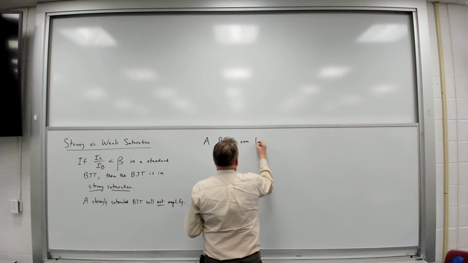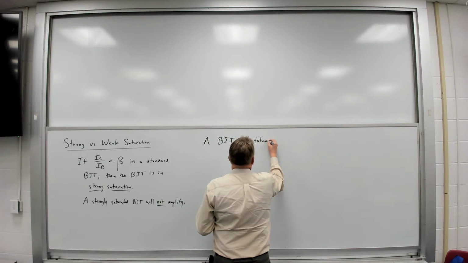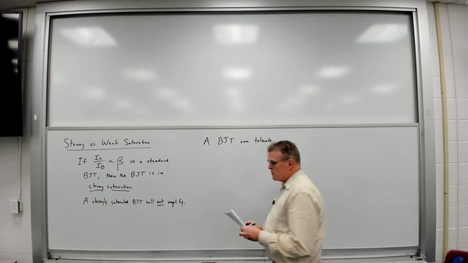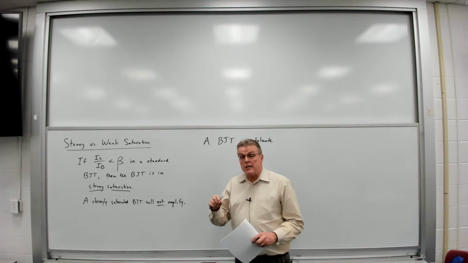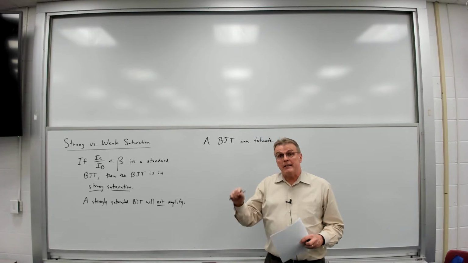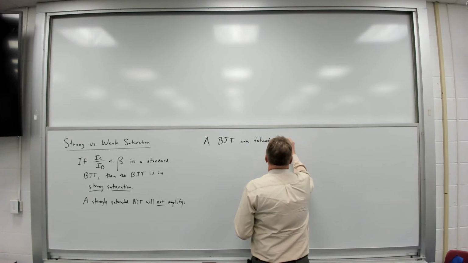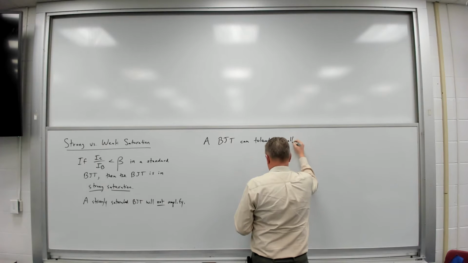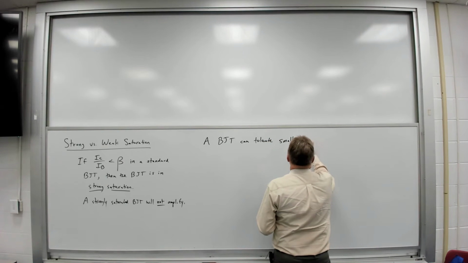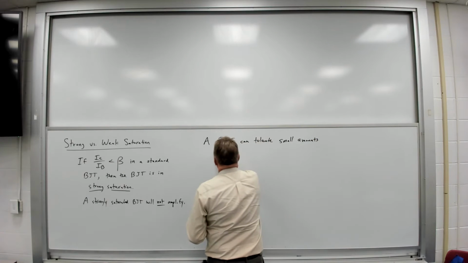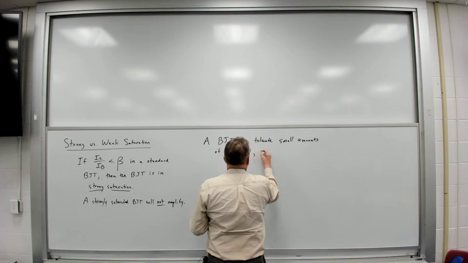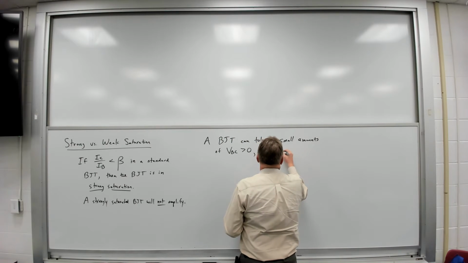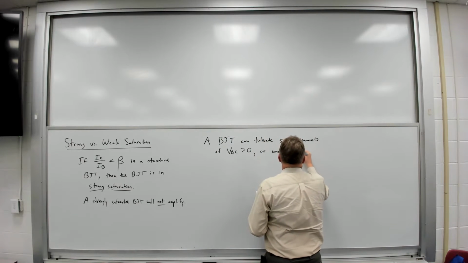A BJT can tolerate small amounts of, I should say, a forward biased base collector junction, or as it's called, weak saturation.